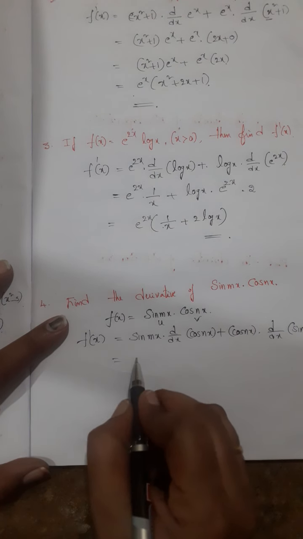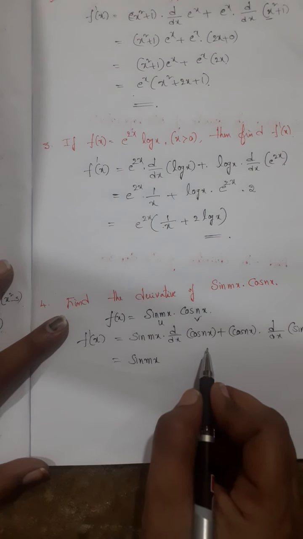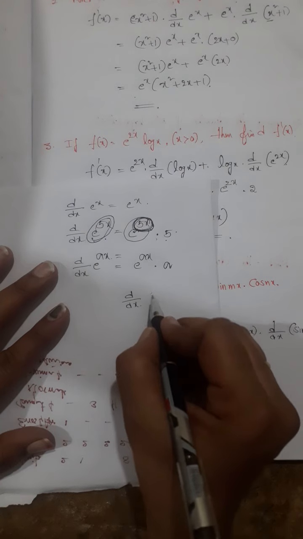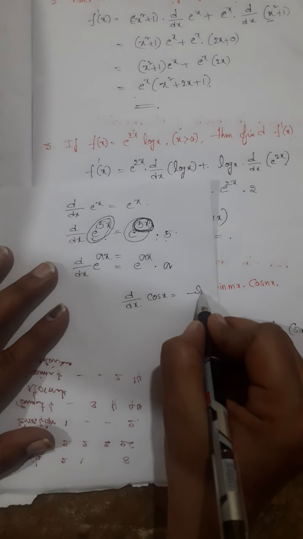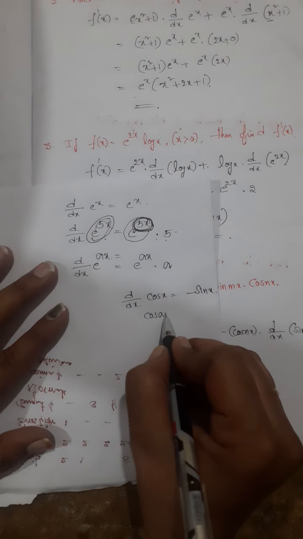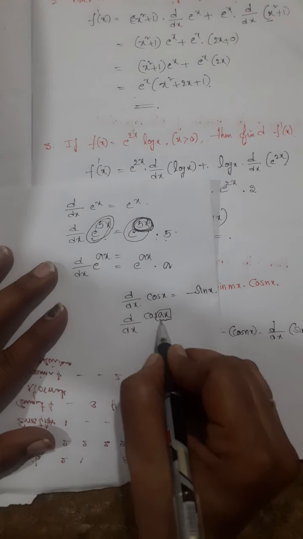So what is the differentiation of cos x? Minus sin x, right? But here it is a function cos ax, suppose. This is chain rule. Again it is a function of x.